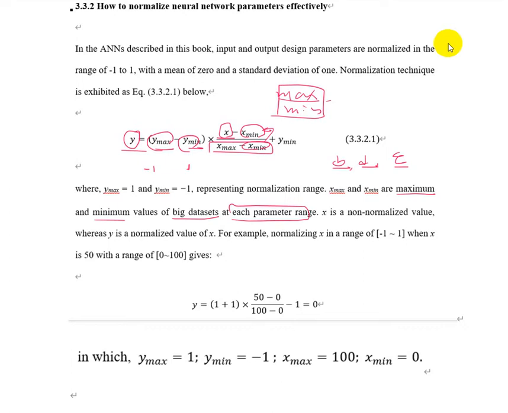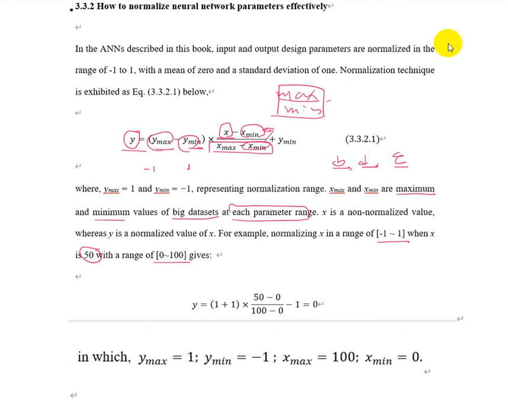You're going to normalize the data between -1 and 1, with a data range before normalization between 0 and 100, and you want to normalize the 50 and see how we're going to do that.